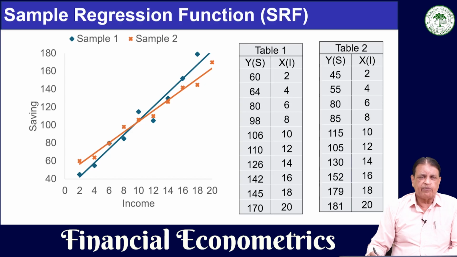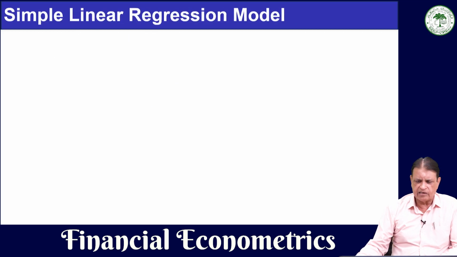Now we already have the population regression function and the population parameters. Once we estimate the sample coefficients, we want to know how close these estimated coefficients are to the population parameters. That we can know only by applying various tests and constructing confidence intervals.